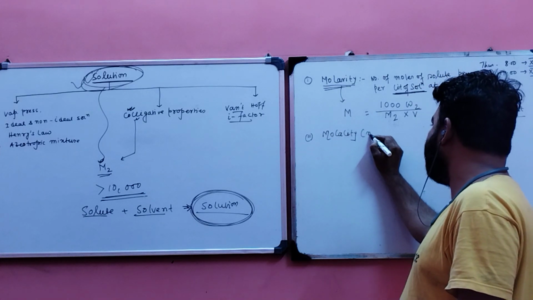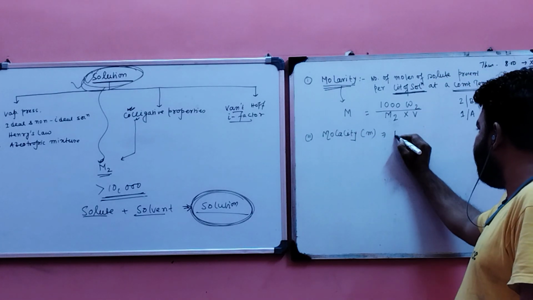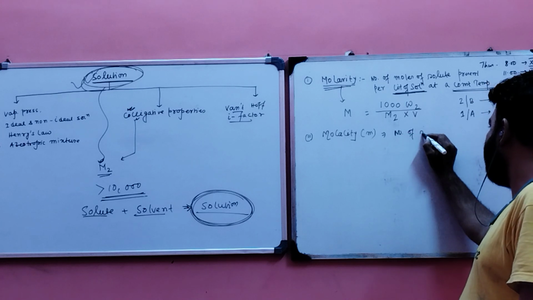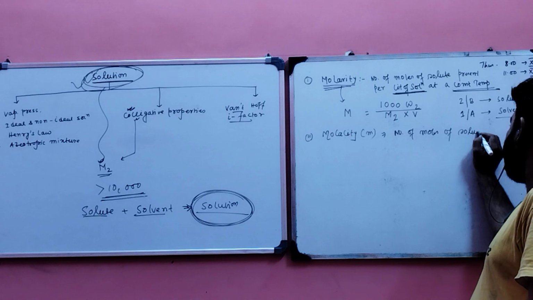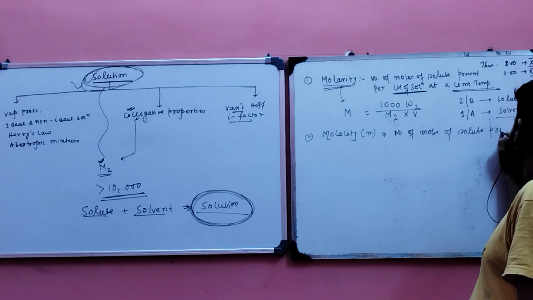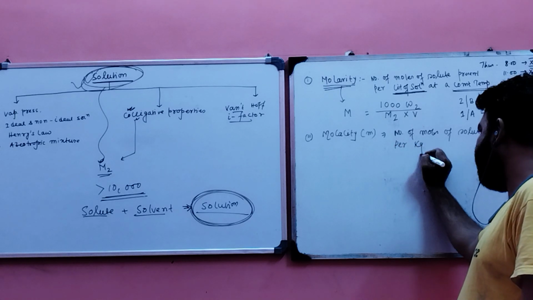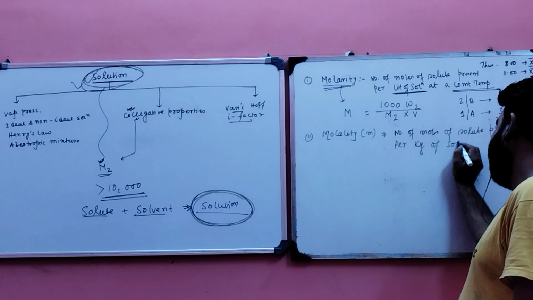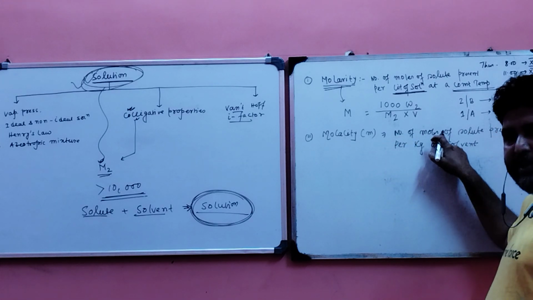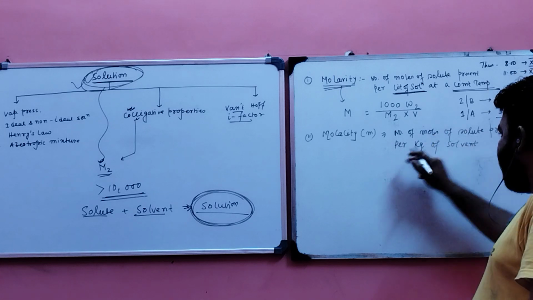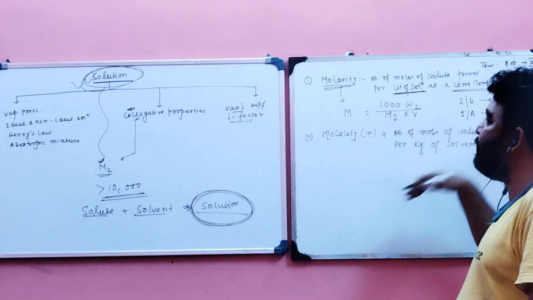Molality is represented by small m. What is molality? This is the number of moles of solute present per kg of solvent. Please follow. Here the number of moles is mass dependent, present per kg of solvent, that is also mass dependent, and mass is independent of temperature.